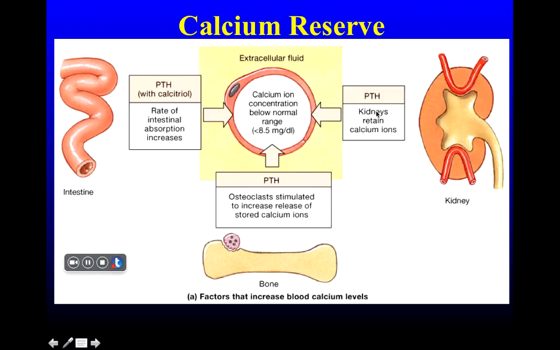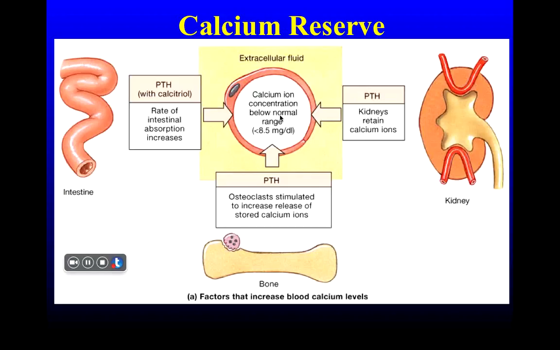Parathyroid hormone also tells the kidney, hey, don't get rid of calcium. Keep it. Don't pee it out. It also tells your small intestine, hey, whatever calcium is consumed, absorb it. A lot of it. Increase your absorption of calcium. These three things together are going to help bring calcium levels in the blood back to normal.